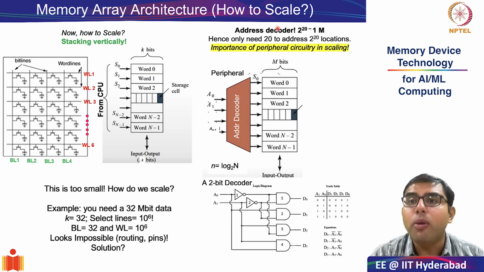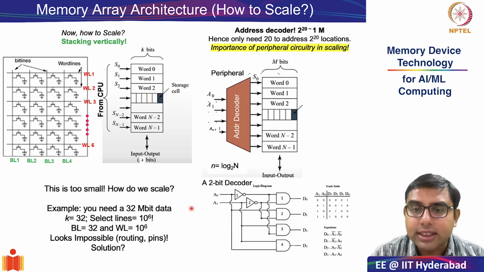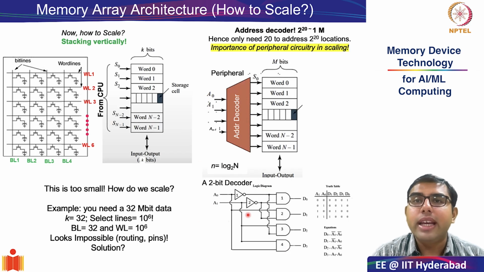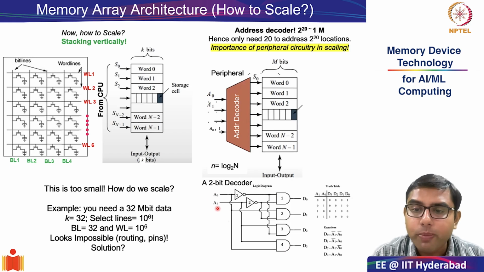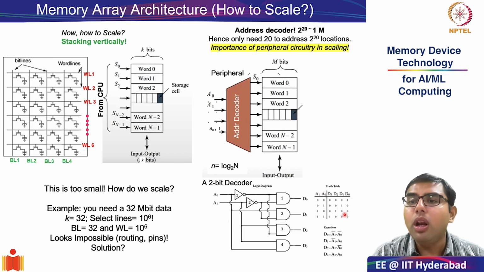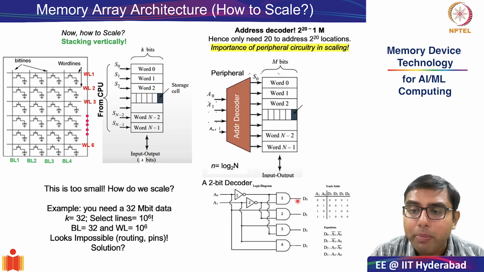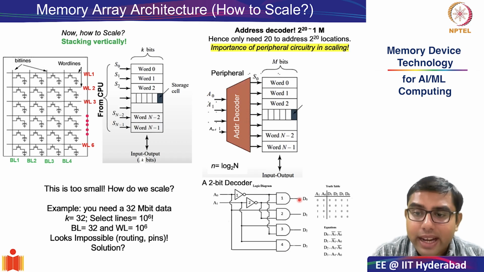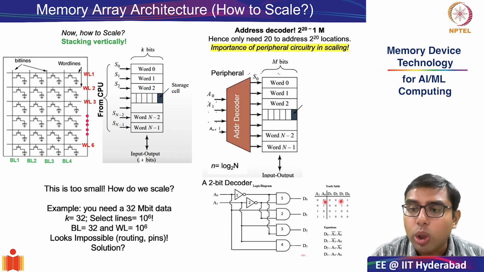This is the job of the decoder. A simple 2-bit decoder is presented for your information. Here you see there are just 2 bits of input, A0 and A1, and the truth table for A0 and A1, which of the select lines or data lines it will select, is also given.